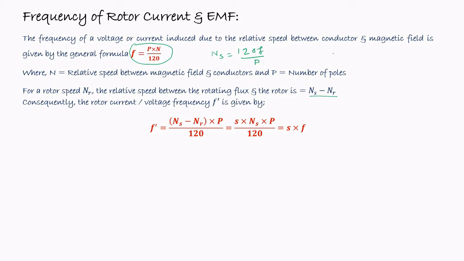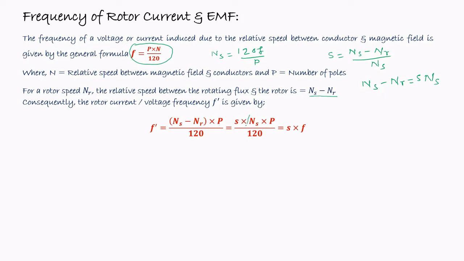Now, from the equation of the slip, S = (Ns minus Nr) / Ns, so we can write Ns minus Nr = S × Ns. Therefore, instead of Ns minus Nr, we write S × Ns × P / 120.